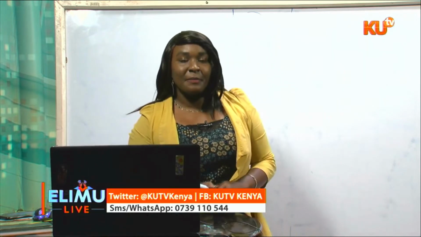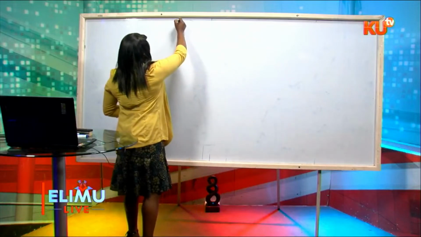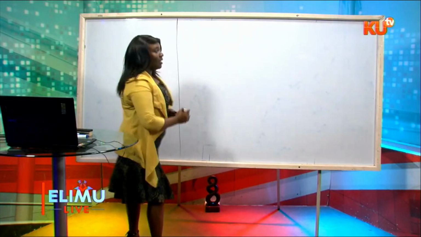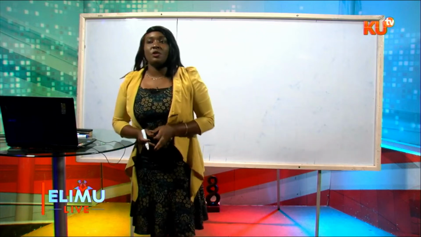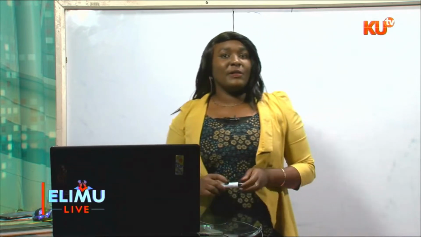Welcome to today's lesson. Today we are going to learn Agriculture Form 4, the topic on livestock production. I'll be taking you through livestock production 6, that is cattle. In the previous lesson, you tackled the introduction to cattle rearing.